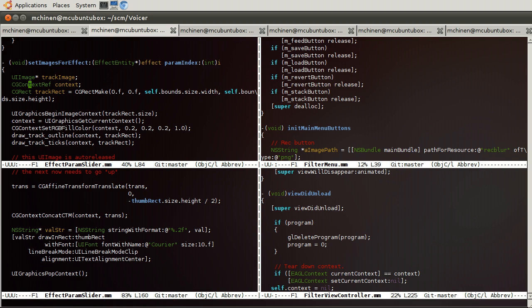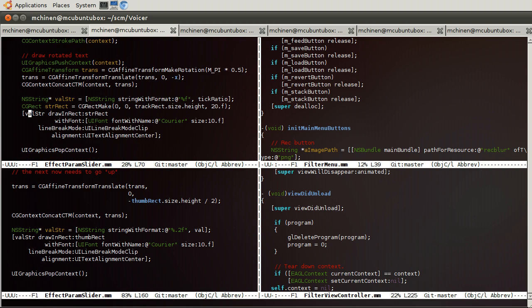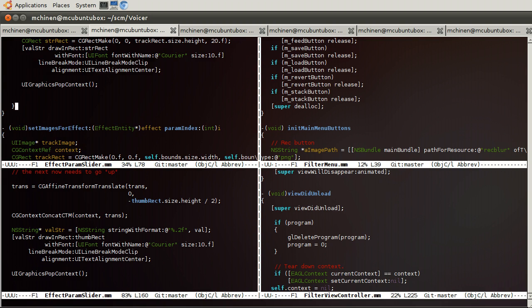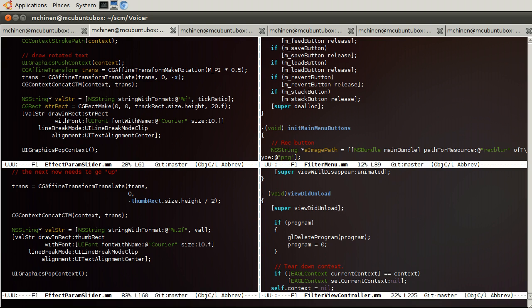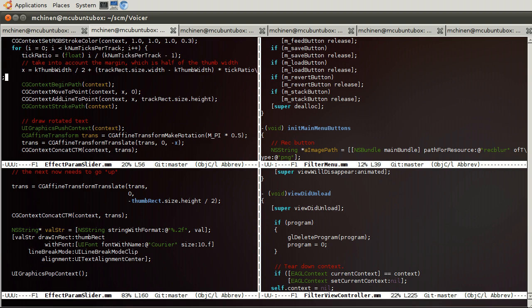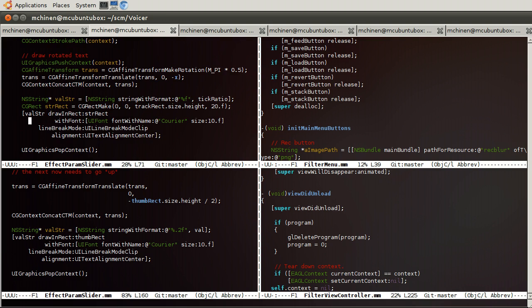Alright, so what we just did looks like it somehow messed everything up. I thought that this push context would deal with whatever we were doing wrong, but I appear to be mistaken. Do I need to do UIGraphicsPopContext? Probably.